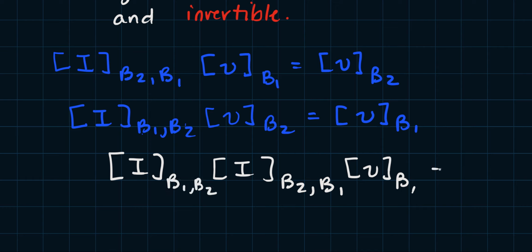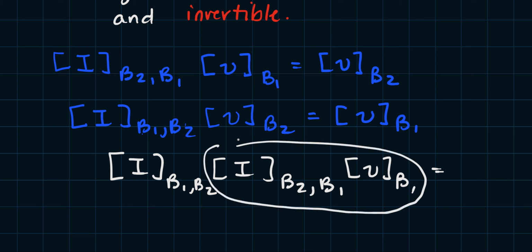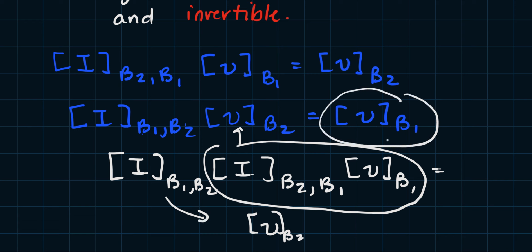What happens? So this product here gives me VB2. And then if I multiply it with this matrix, I get the original one back. So this is equal to VB1 by this second step here.